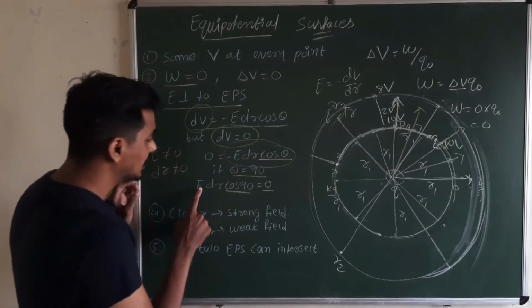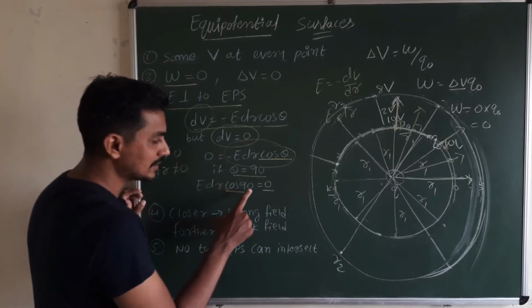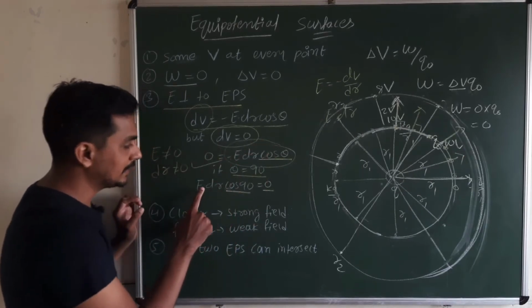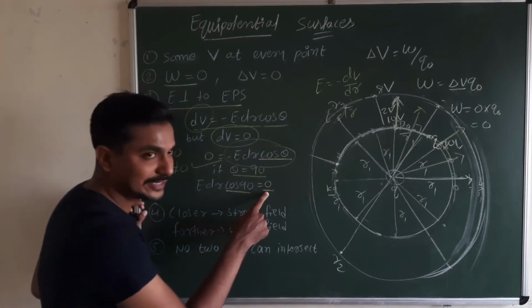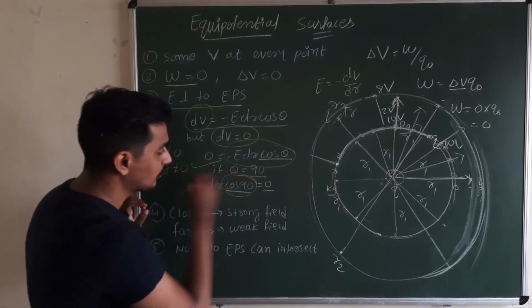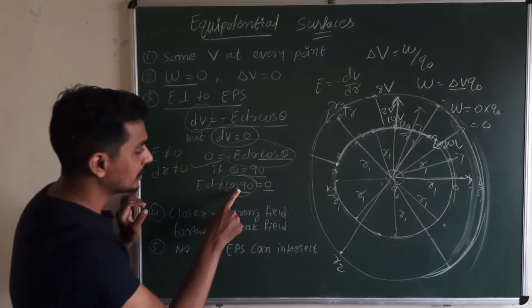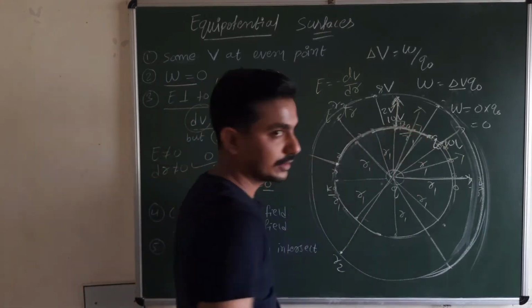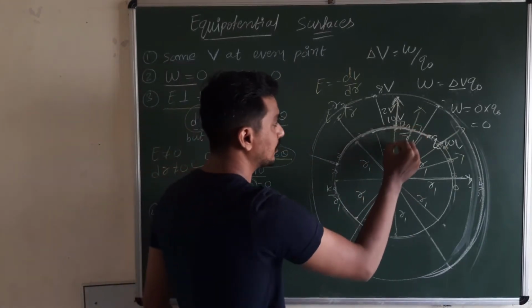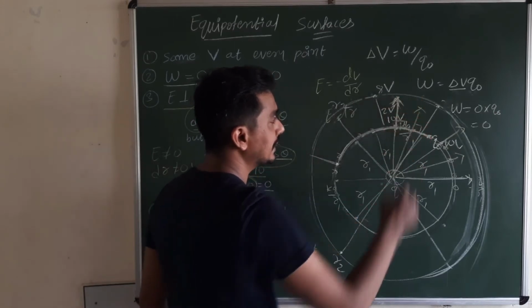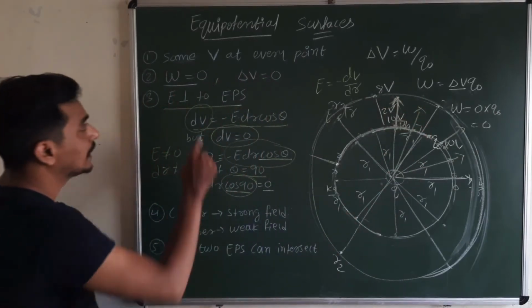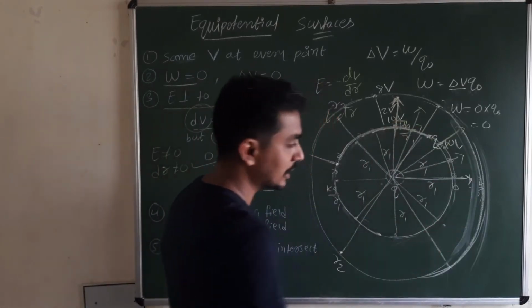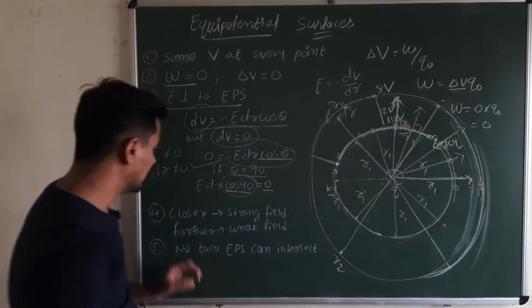So we can write E dr cos 90 is equal to 0. So we have proved this equation. That is, the angle between the electric field and the surface at that point is 90 degrees. That is, the electric field is perpendicular to this surface at each and every point.